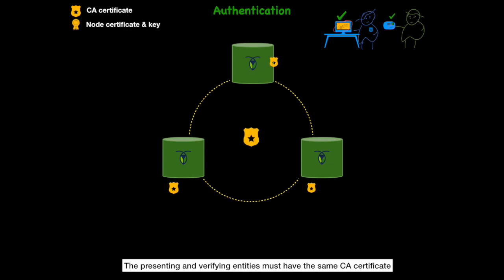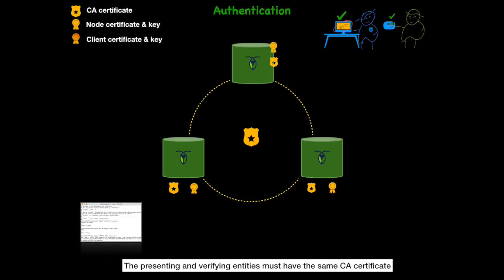So in internode communication, all nodes need to have the same CA certificate. The node's digital certificate that is signed by the CA is presented to the other node. The second node verifies the certificate signature using the same CA certificate. Same procedure is used for verifying the second node's identity.